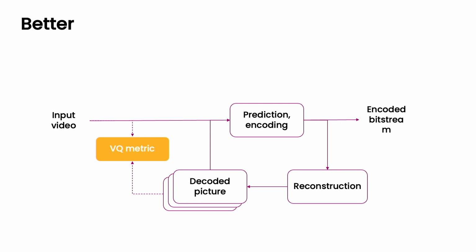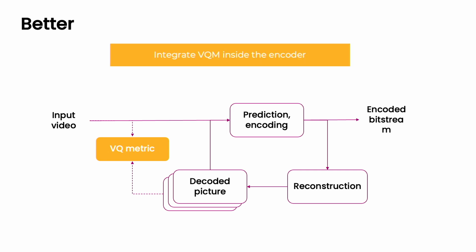This is not new. It has been done. We've seen examples. Professor Bovik has also mentioned studies in the 90s of integrating SSIM into the encoder loop, and that is perfectly possible. In any case, by doing this, you save yourself the additional effort of the decoding step, because inside the encoder, you already have the decoded pictures available. So integrating VQM inside the encoder loop is already a good step forward.